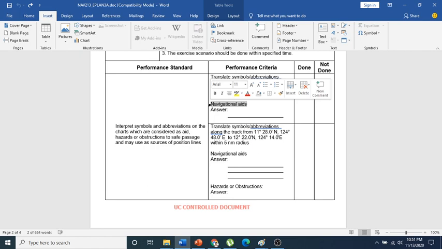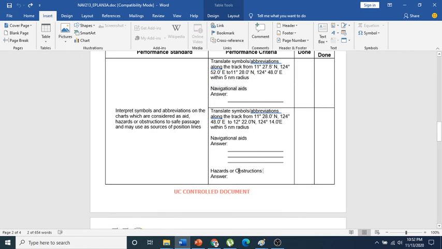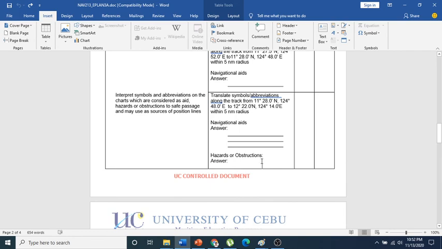On the other hand, a hazard or obstruction is anything that will cause hazard to navigation. For example, it could be a rock, shallow water, whirlpools, a no-go area, or an underwater wreck.